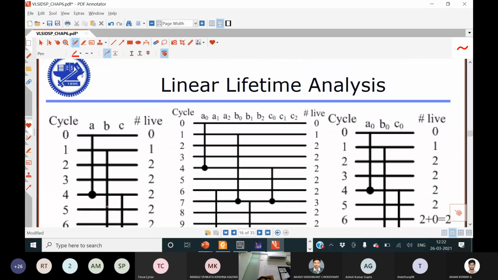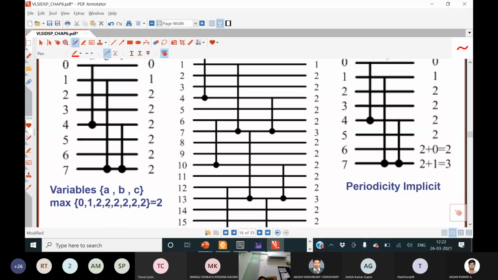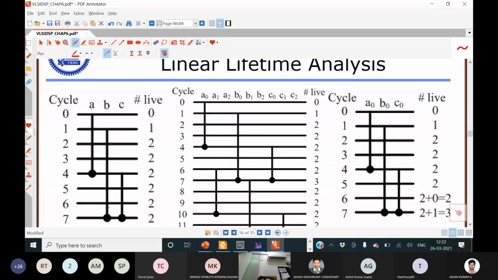Now, linear lifetime analysis. Okay. Over here, the lifetime of a particular variable is given. There are 3 variables: A, B and C. This is my first clock cycle, this is my second, this is my third, fourth clock cycle.